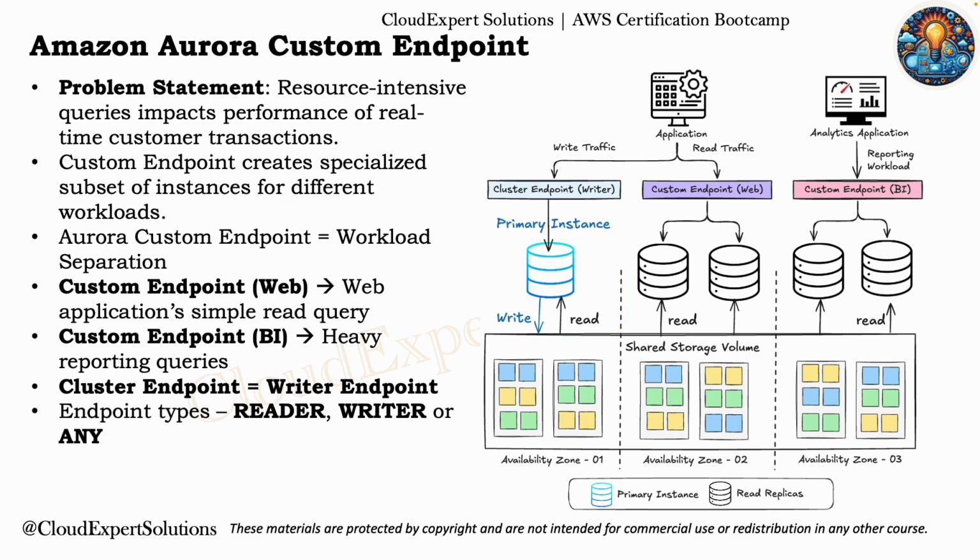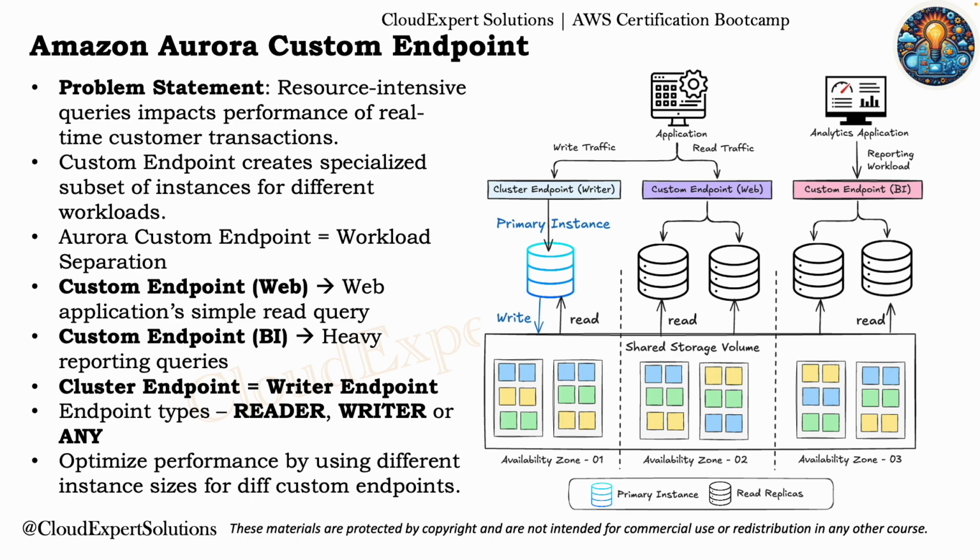You can either create custom endpoints for read operation, write operation, or any, which gives you even more control over which connections are routed. You can also optimize performance by using different instance sizes for different custom endpoints, which will ensure resources are allocated efficiently.